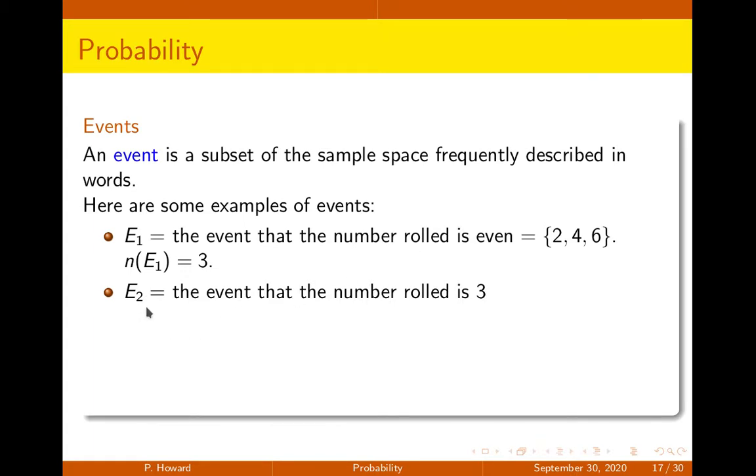Let's let E2 be the event that the number rolled is 3. Writing this using the set notation, it would be the set containing just one of the possible outcomes, namely 3. This is so obvious it might be slightly confusing. And what is the number of elements in this second event, E2? There's just one.